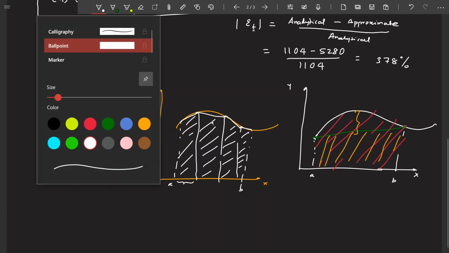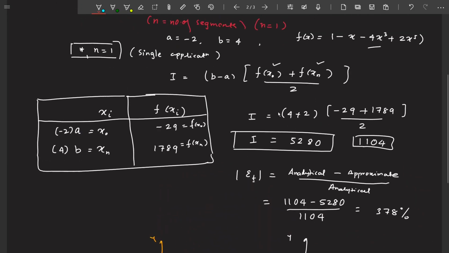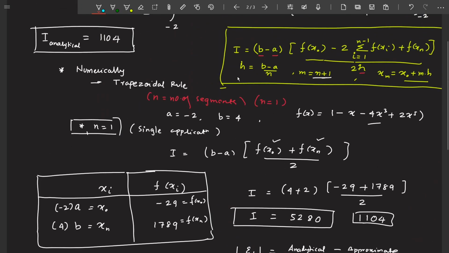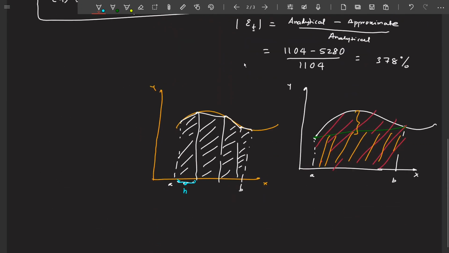Let me use a different color pen so that you understand it better. When you use multiple elements, this distance is known as h, that is the step size. Till now I just gave you the formula of step size, but I didn't tell you what it actually is. But now I hope you know.